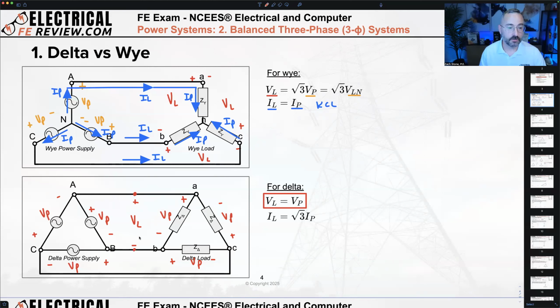What do we notice? Compared to the Y connection, the line voltage and phase voltage were not equal, right? Here's the voltage across my A phase, but then here's the line voltage, right? The line voltage from the A to B conductor was really the voltage across the A phase and the B phase.